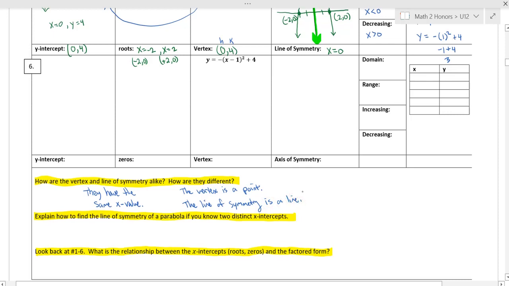Alright, second question. Explain how to find the line of symmetry of a parabola if you know two distinct x-intercepts.